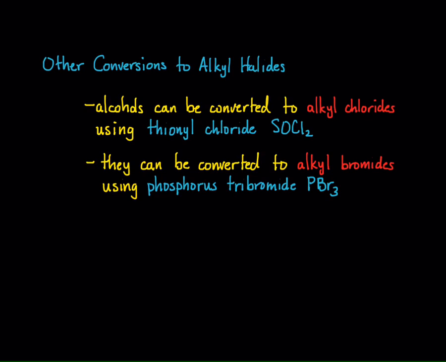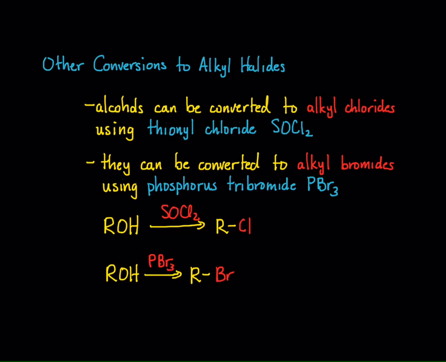I don't care at this stage that you necessarily know the mechanism of this reaction, just that you need to understand that if you take an alcohol and you react it with thionyl chloride, SOCl2, you get an alkyl chloride. And if you take an alcohol and you react it with PBr3, sometimes you can also use PBr5, but most of the time it's PBr3, then you get an alkyl bromide.